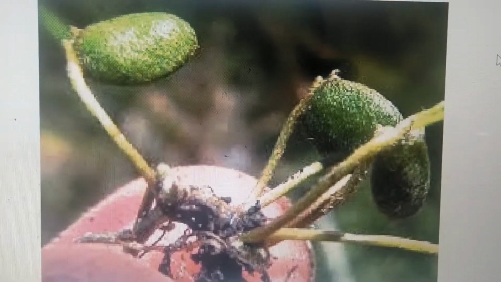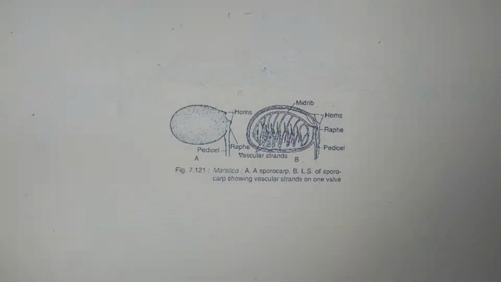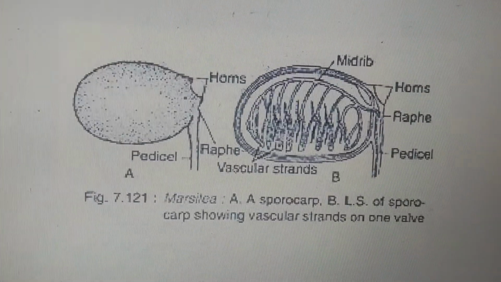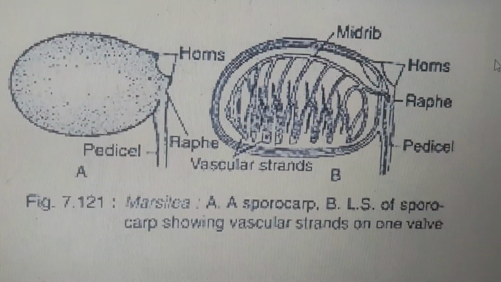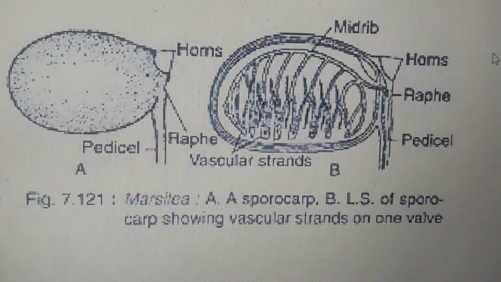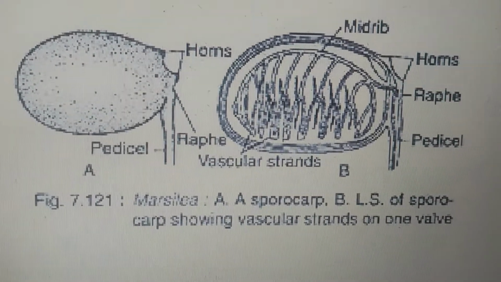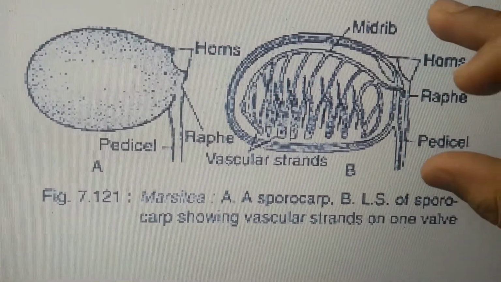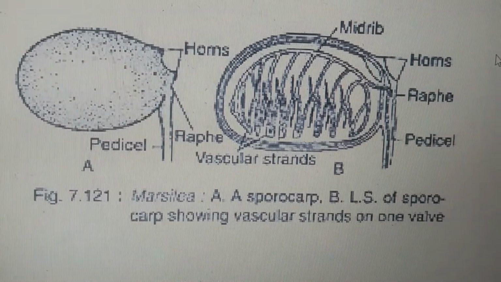Now, to focus on the vascular supply of the sporocarp, this is the longitudinal section of this sporocarp showing the vascular supply. The vascular supply here is a closed network kind of system. So to make it very simple, though this picture appears a complex one, it is very simple. We have three different bundles.